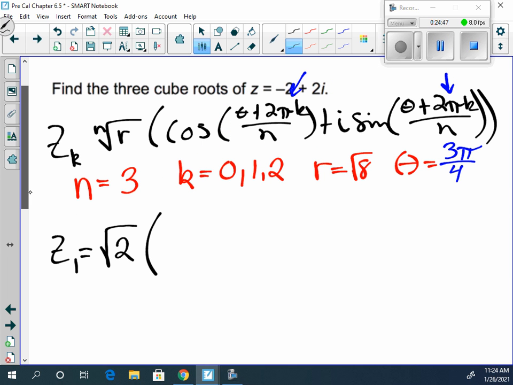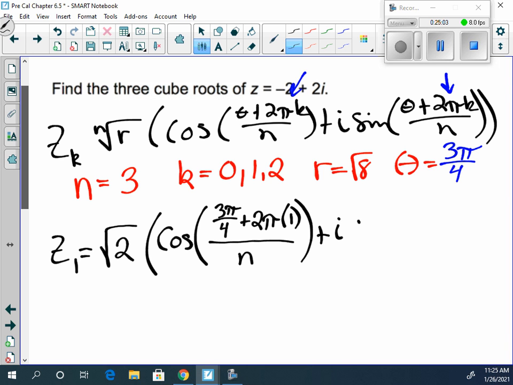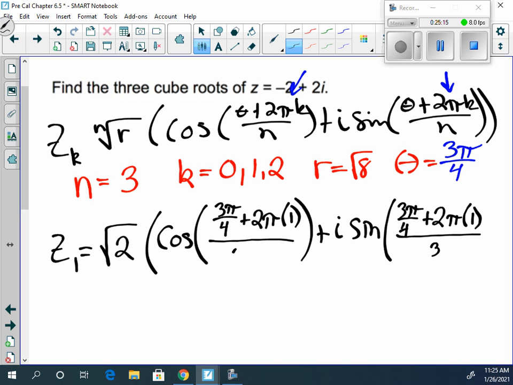We're not going to rewrite that. Inside, we're going to have cosine of, well, it was 3 pi over 4, plus 2 pi times, well, k is what now? 1 over n, plus I sine of 3 pi over 4 plus 2 pi times 1 over 3. And this n should be a 3.